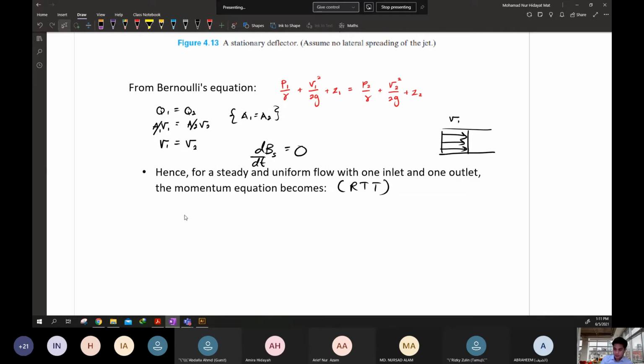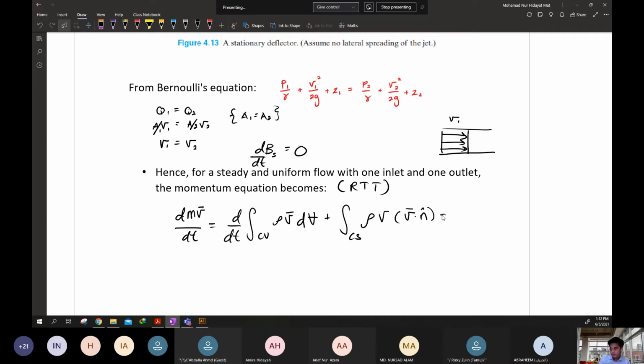Based on the transport theorem that we derived previously, dmV/dt equal to d/dt of control volume ρV dV plus control surface ρV (V·n) dA. Since this is the steady state, the first term we can cancel out.